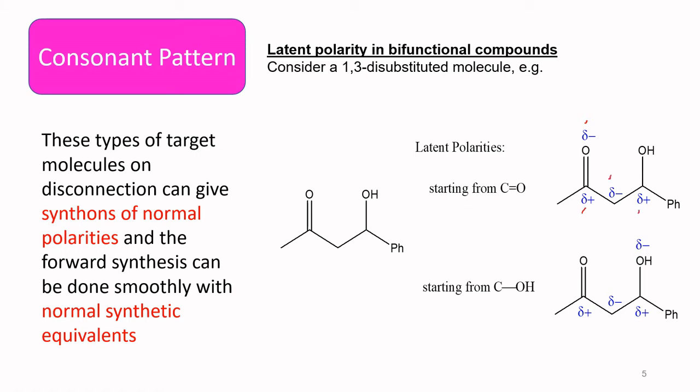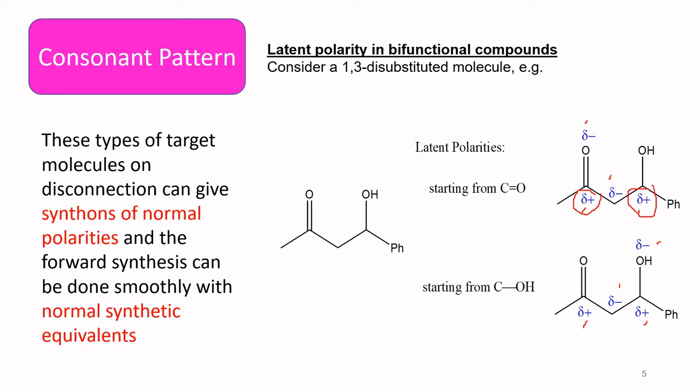Let's say we start from COH: minus, plus, minus, plus. If we look at the molecule, this C double bond O is plus, and COH is plus, meaning they are of the same polarity.